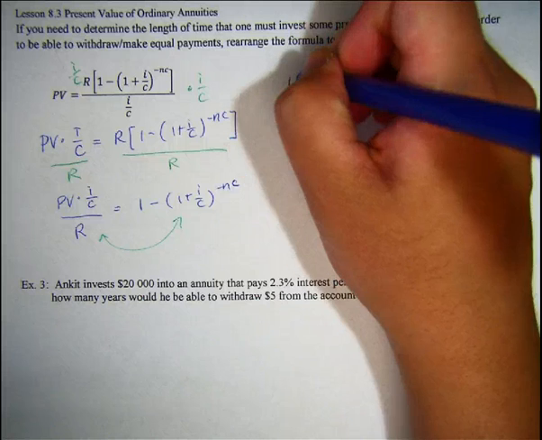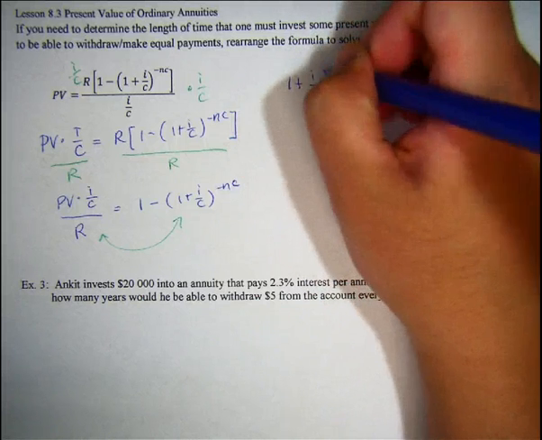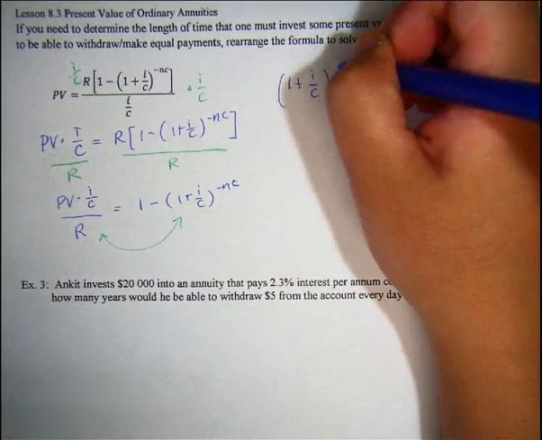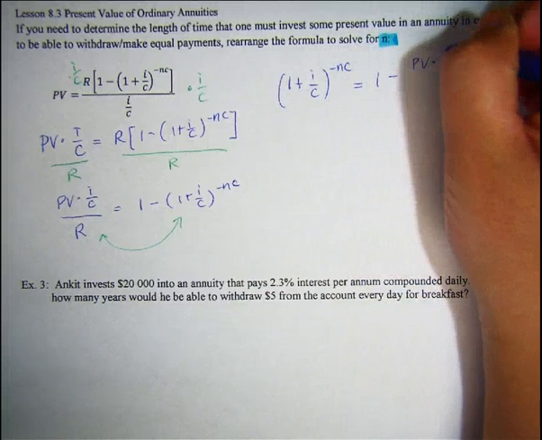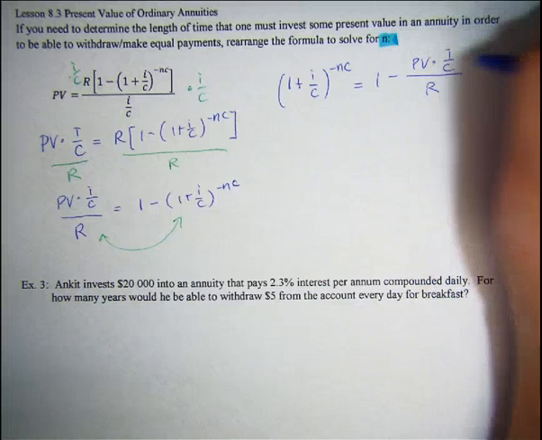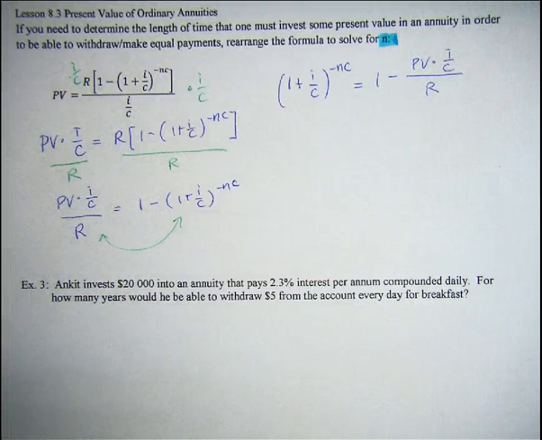So my next line is going to read 1 plus I over C to the power of negative NC is equal to 1 minus PV times I over C divided by R. I'm just subtracting, so no reciprocals or anything like that.